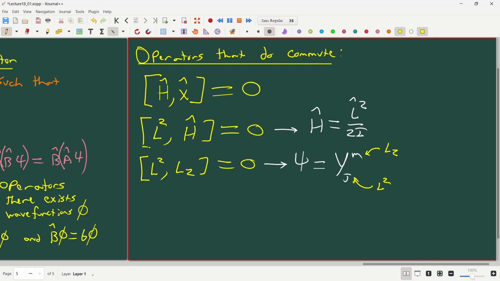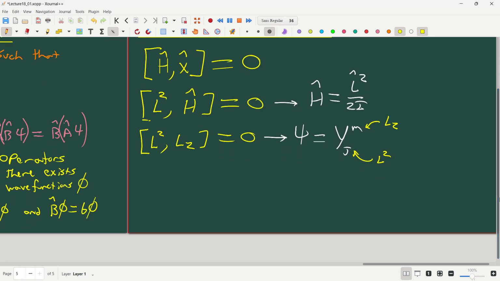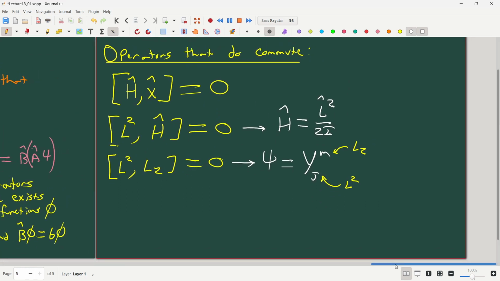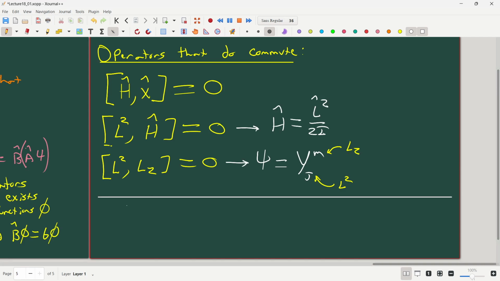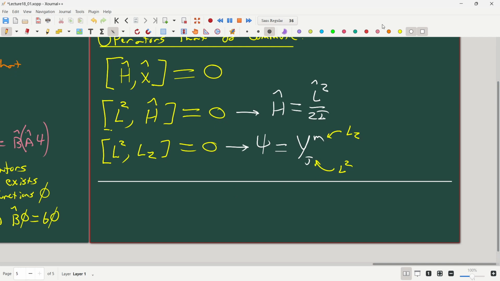But there are classes of operators that don't commute. And I'm just going to derive one right at the end. It's just going to take a minute to prove to you that there are operators that don't commute. So I'm going to call this commuting fails.